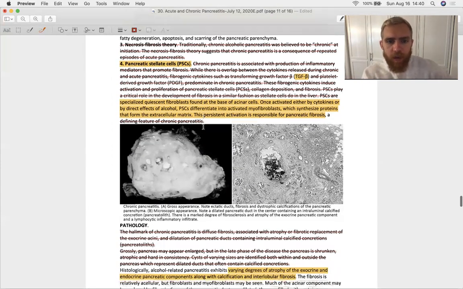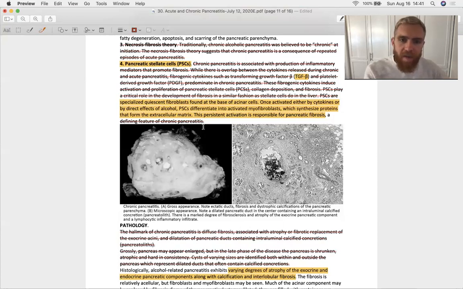And then stellate cells. Your pancreas has stellate cells just like how your liver has stellate cells. And in your liver, stellate cells are responsible for cirrhosis and fibrosis of the liver. And fibrosis goes into cirrhosis, remember? And stellate cells are essentially myofibroblasts that typically aren't fibroblasts. So they're just chilling, stacking up vitamin A. And when they're agitated by any injury, they play the role of glue within hepatic tissue, or in this case, pancreatic tissue.